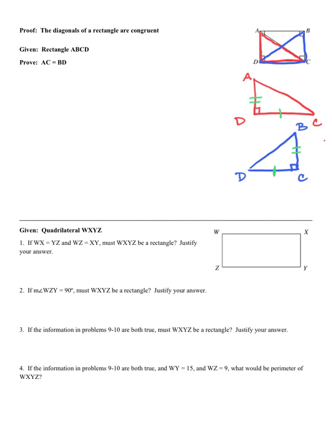So if the triangles are congruent to each other, then we know that the diagonals, which are sides AC and BD, those would have to be congruent to each other because corresponding parts of congruent figures are congruent. Let's write up that proof.